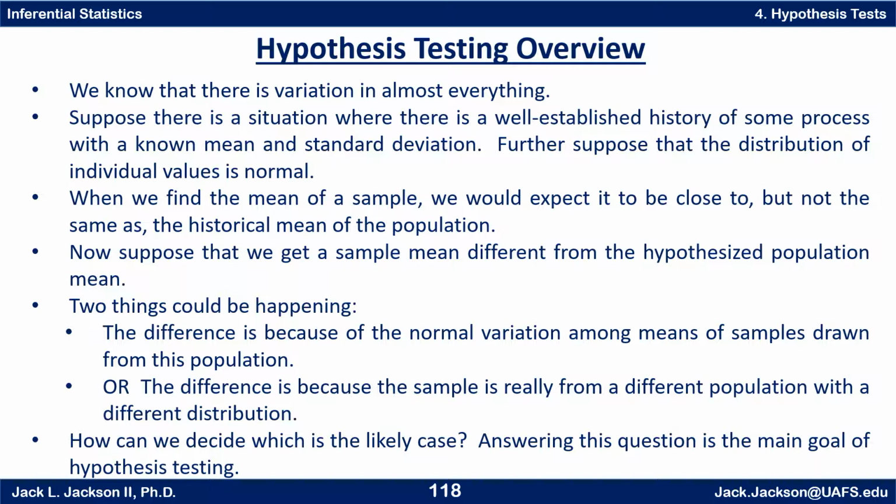Well, there's two things that could be happening. The difference is because of the normal variation among means of samples drawn from this population, or the difference is because the sample is really from a different population with a different distribution. How can we decide which is the likely case? Answering this question is the main goal of hypothesis testing.